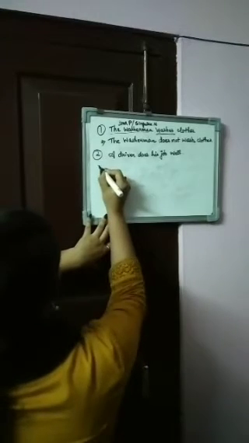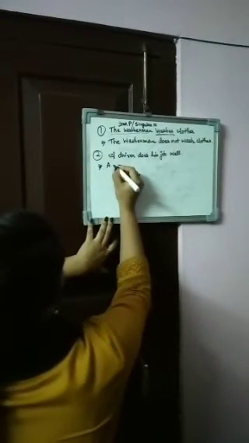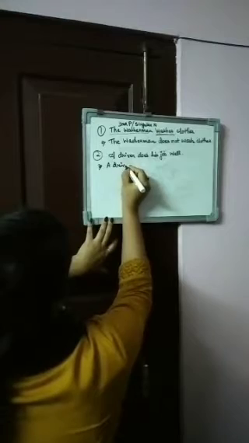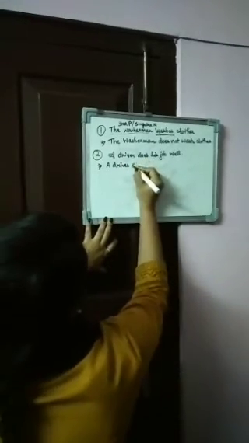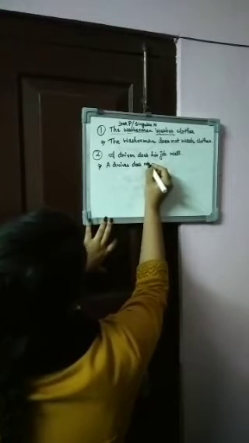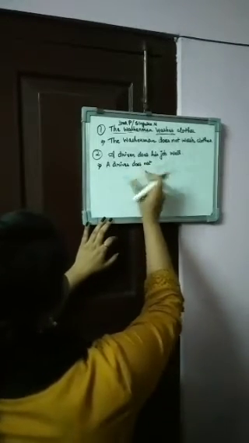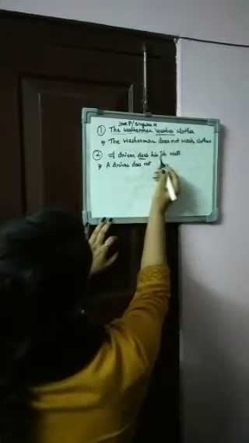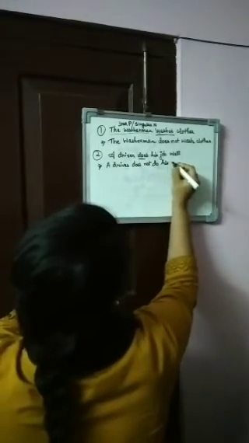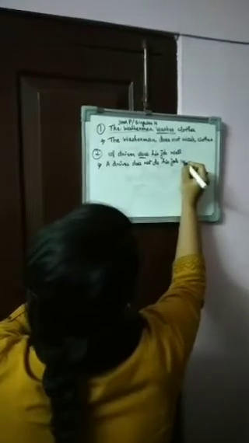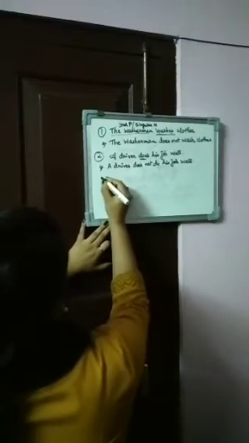So now what are we going to write? A driver does not. This one is very easy for you because the word is already present here. Now what are we going to put here? Any idea? After does not, what is our verb? Our verb is do. Does not do his job well. Clear? Let's do one more.